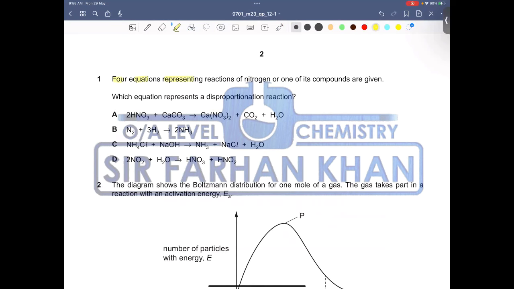Four equations representing reactions of nitrogen or one of its compounds are given. Which equation represents a disproportionation reaction?